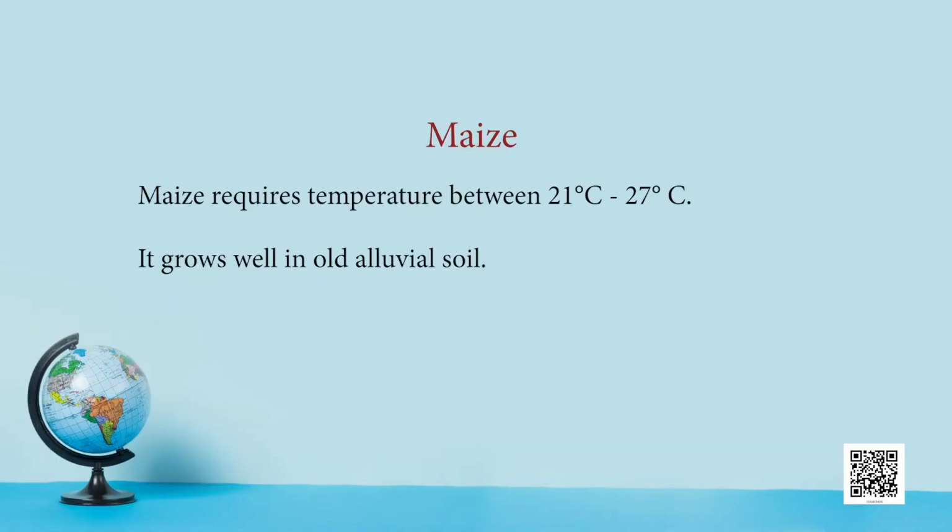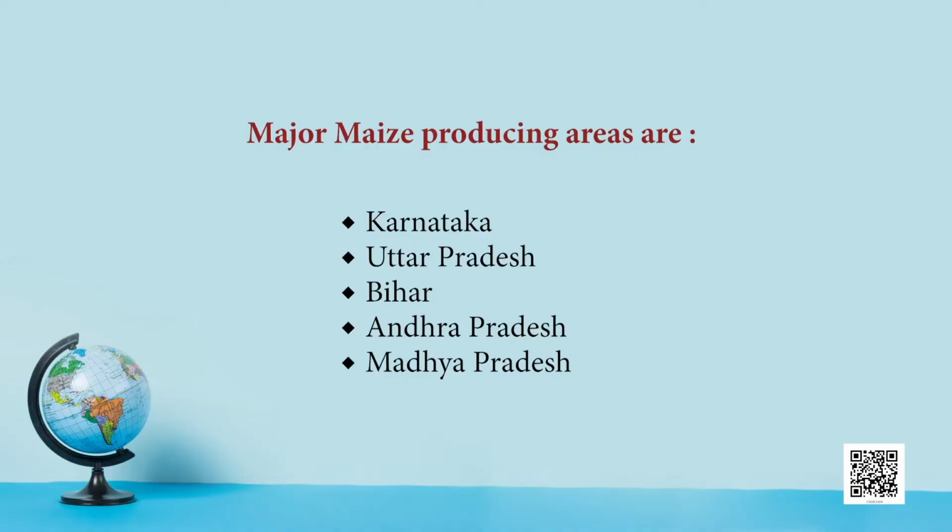Maize requires temperature between 21 degrees Celsius to 27 degrees Celsius. Old alluvial soils support the maize crop well. Use of modern inputs such as high-yielding variety seeds, fertilizers and irrigation have contributed to the increasing production of maize. The maize-producing states of India are Karnataka, Uttar Pradesh, Bihar, Andhra Pradesh and Madhya Pradesh.